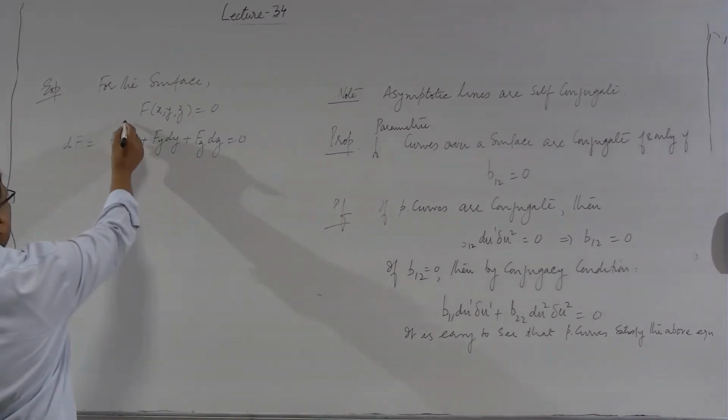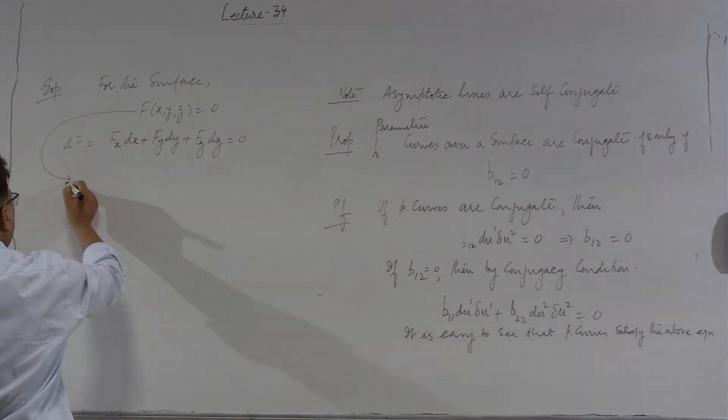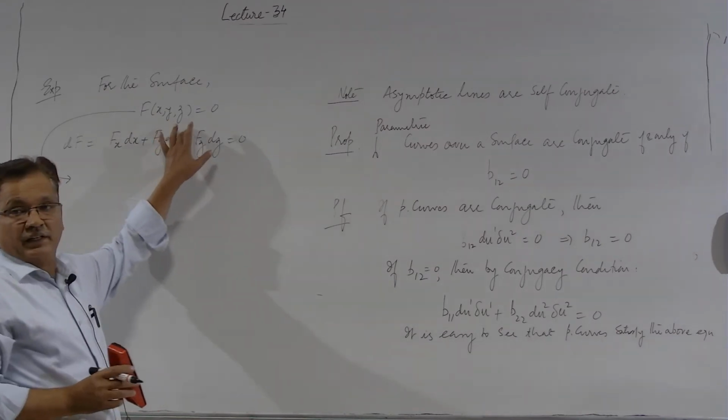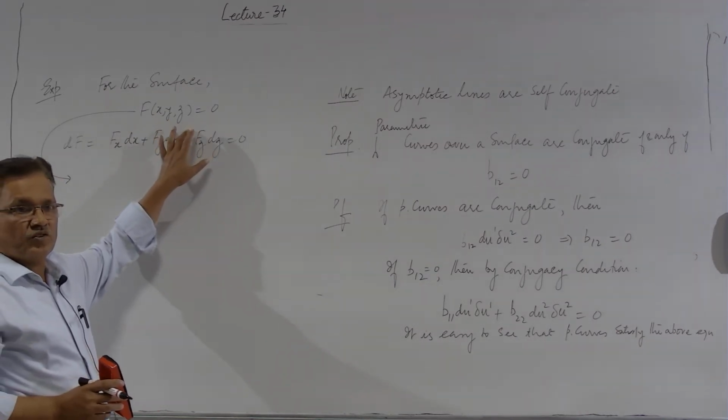You can always convert an implicit equation into an explicit equation, provided one of the partial derivatives of f is non-zero.